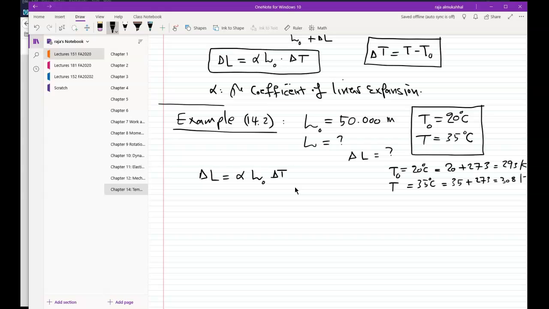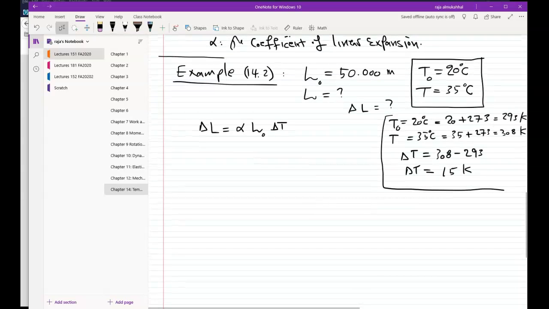So I got here 308 Kelvin, correct? Now, what is delta T? Just take the difference between them. 308 minus 293, answer 15. 15 Kelvin. Is that right? Okay. What I have done here is absolutely correct. There's nothing wrong with it.